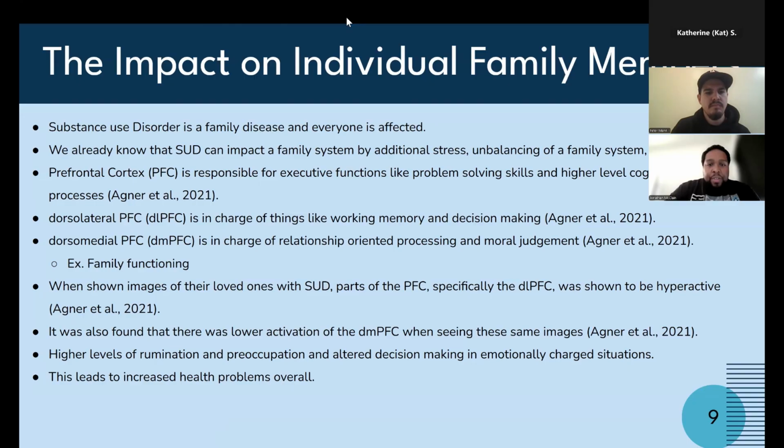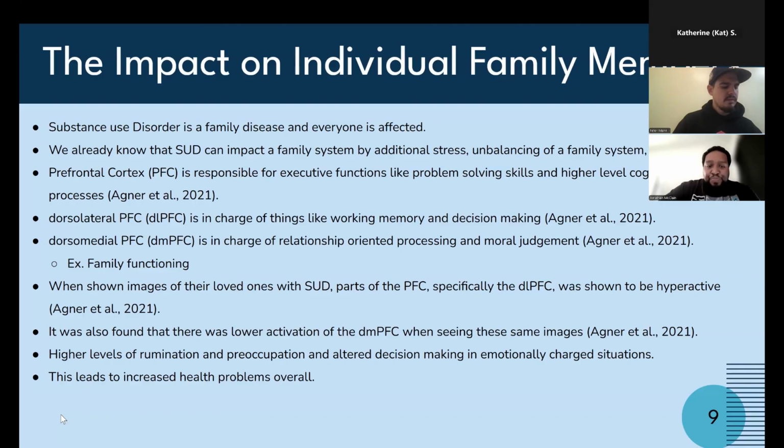It was also found that there was lower activation of the dorsal medial part of the prefrontal cortex when seeing these same images, which means that because of this continued stress, there's a lower activation of that part, which again is connected to relationship oriented processing and moral judgment, which makes it a bit tougher to make decisions for the well-being of the family member impacted by the substance use.